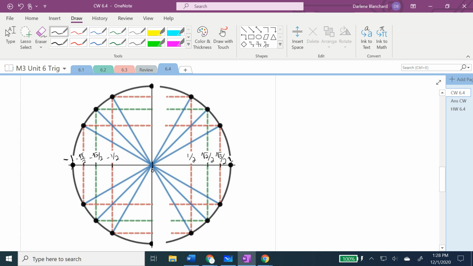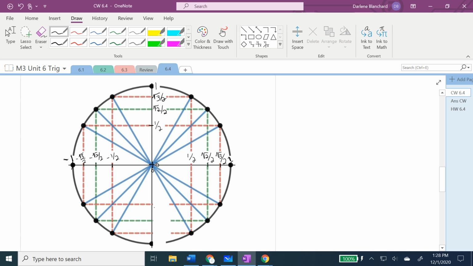Then we've got the y-axis with the same exact numbers. This y-coordinate is 0. Now, as I go away from the origin, I am going to go 1 over 2, root 2 over 2, root 3 over 2. And then if I keep going out, I hit 1. As I go down the y-axis, I'm using negative numbers.